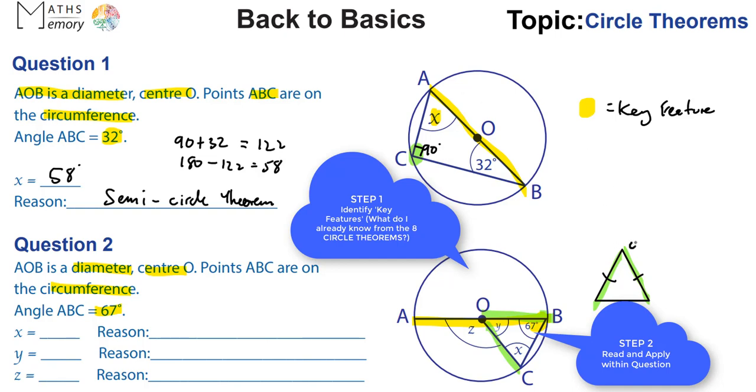So this would be O, B, and C. You can always write these separately, it will help you. That's 67 degrees. So if this is 67 degrees, a key feature of any isosceles triangle, this would be the same as well, 67 too. So x would be 67 degrees.